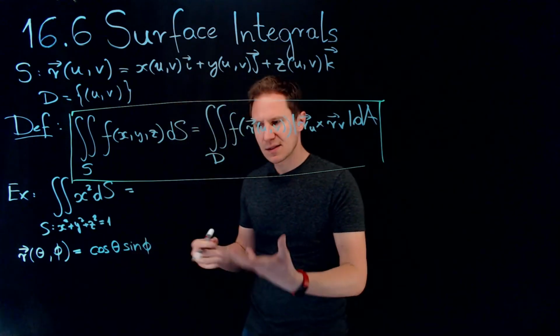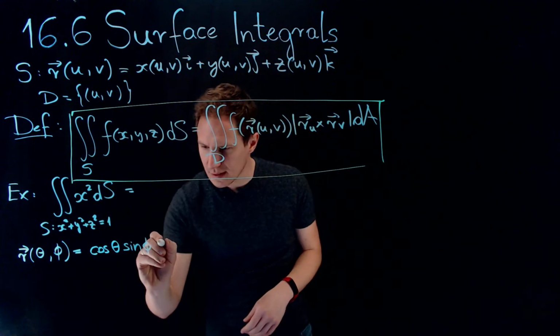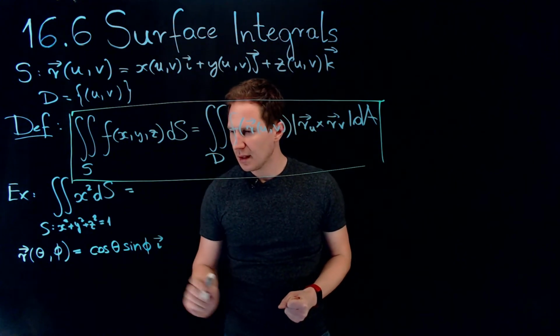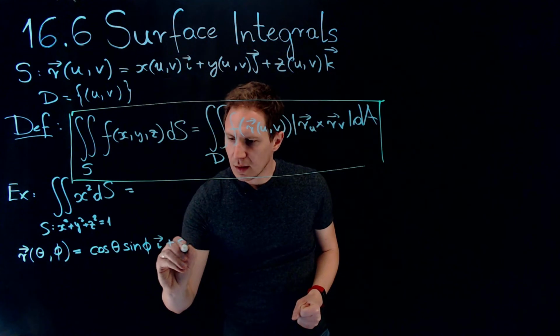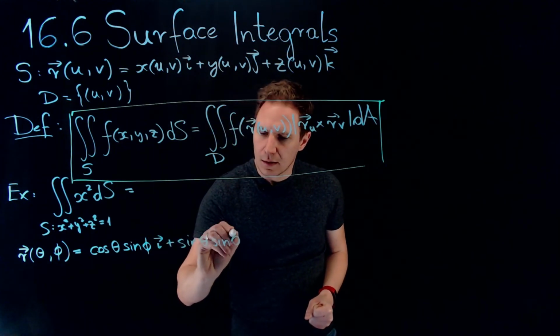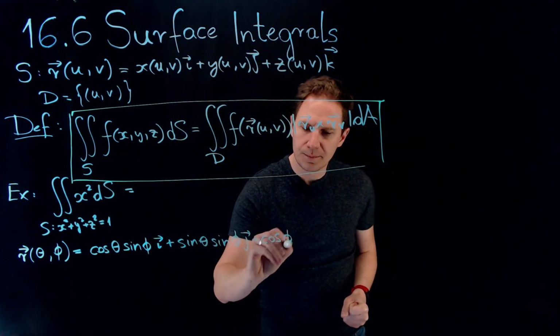The radius is set to 1 in those formulas for spherical coordinates. Then you get a unit sphere with the x coordinate being cosine of theta sine of phi, the y coordinate being sine of theta sine of phi, and the z coordinate being the cosine of phi.